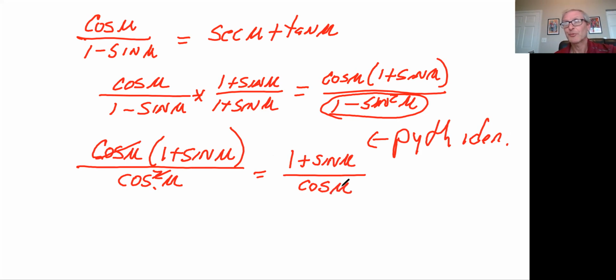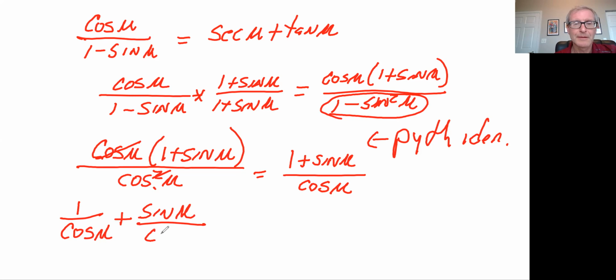And so remember when we split up these fractions, what ends up happening? Well, the cosine goes under both the terms up in the numerator. So you could rewrite it this way, right? So we have 1 over cosine, and these are the reciprocal identities that we showed you.